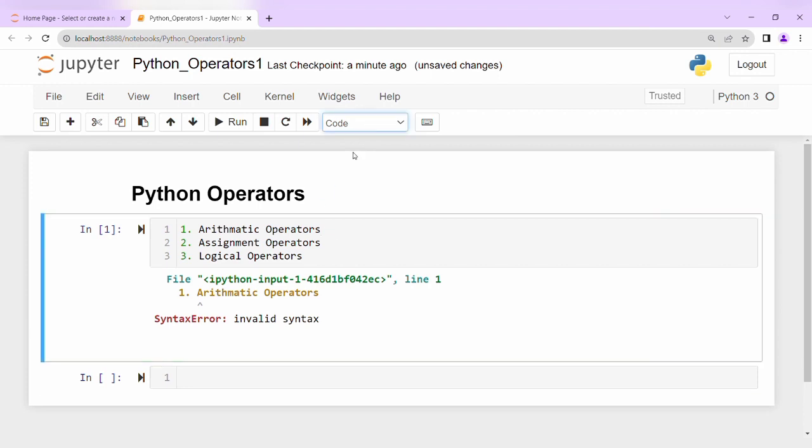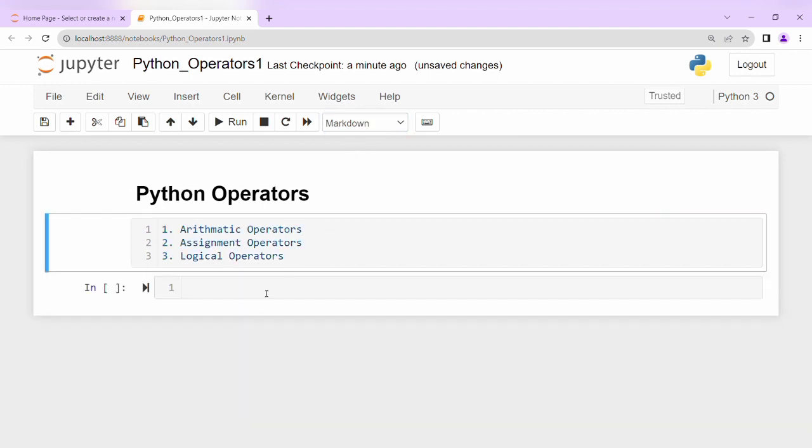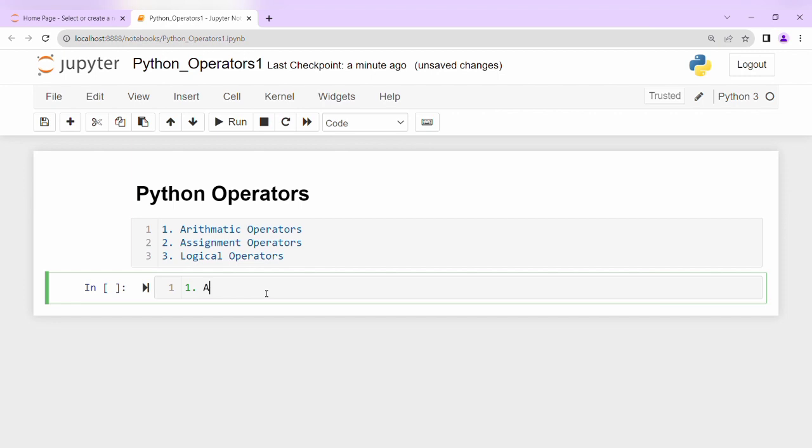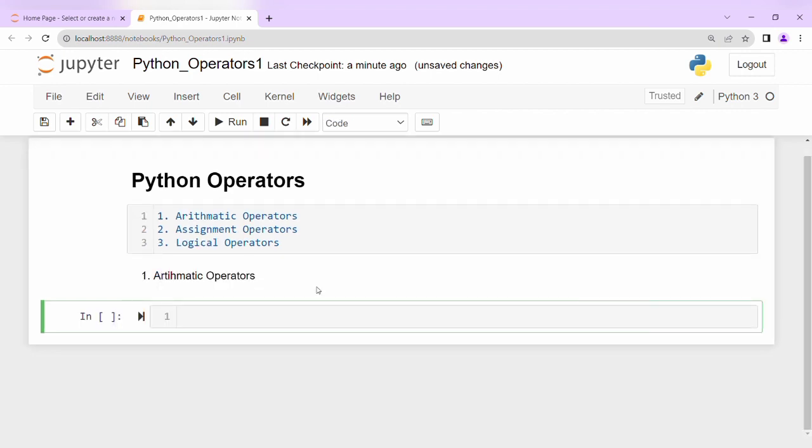Select here Markdown. So the first one is arithmetic operations, which perform arithmetic operations. So the first one is addition operation.